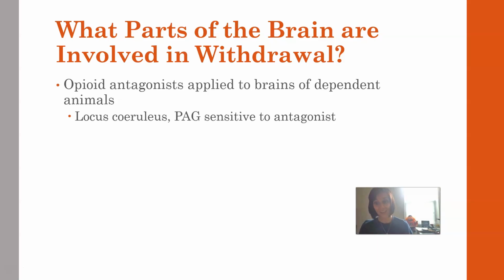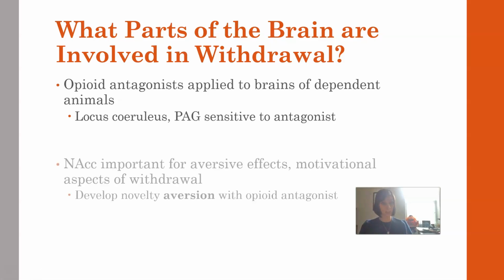And this makes sense because a lot of the withdrawal effects that we get from drugs are often due to the actions of the autonomic nervous system, both the sympathetic and the parasympathetic nervous system. For opioid withdrawal, it probably means that the sympathetic nervous system is going to be a lot more involved in those withdrawal symptoms than the parasympathetic.